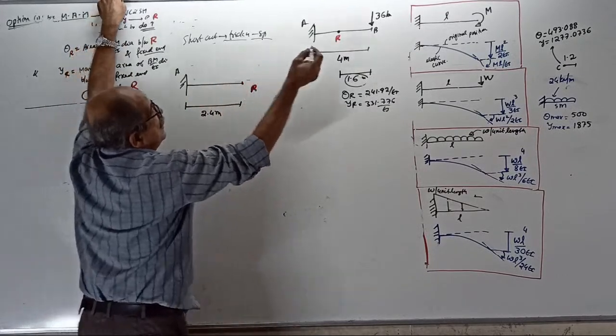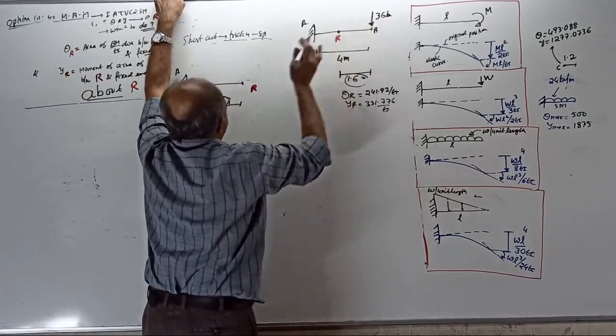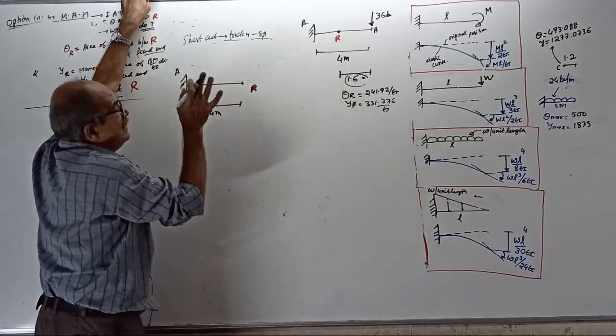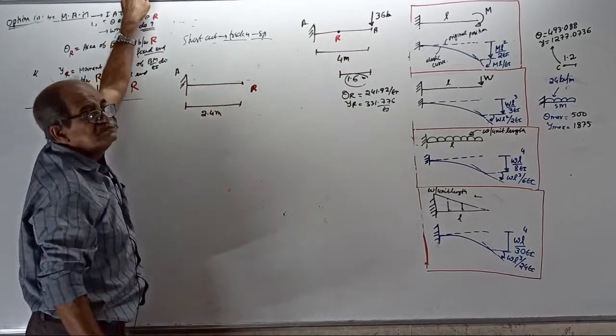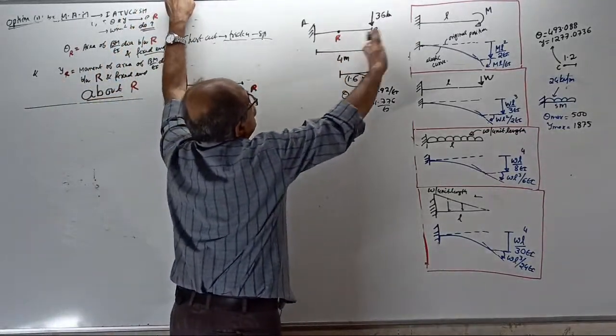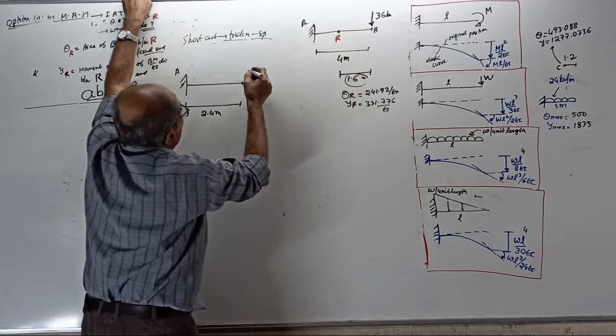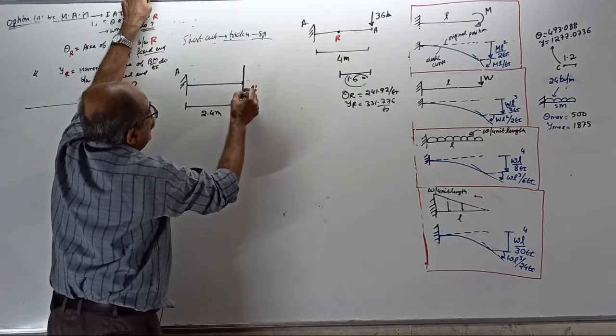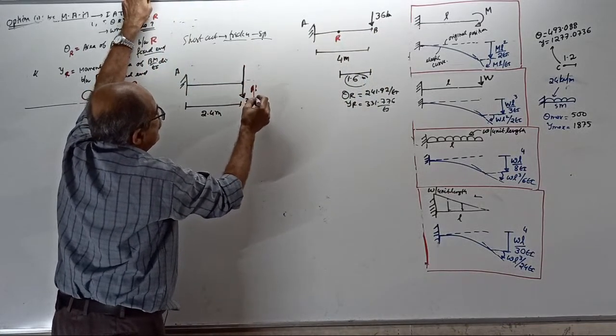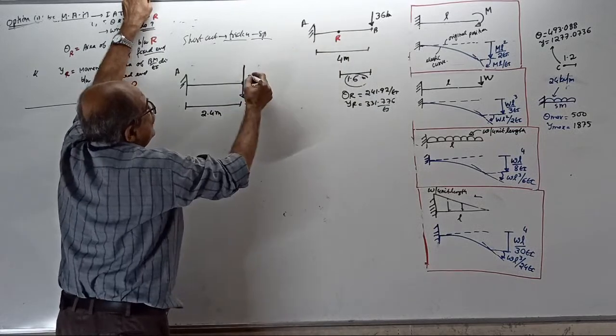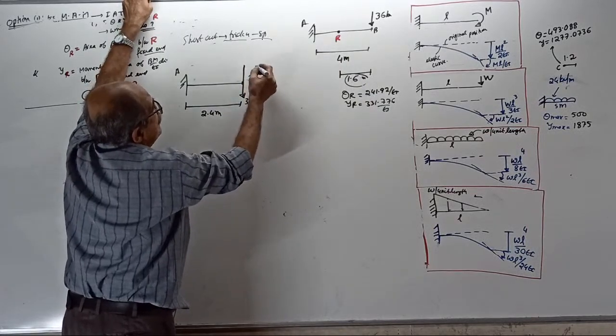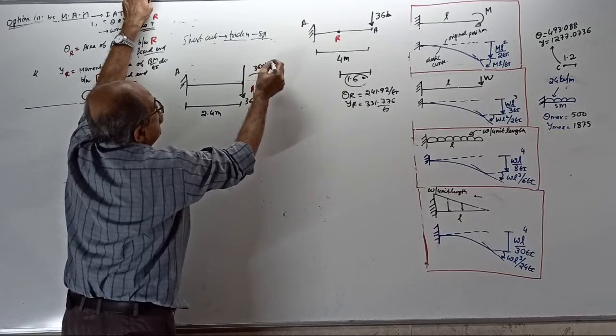Now, there is no loading here. Leave it. But when I remove that one, that 36 will be transferred here as a point load of 36 kilonewton, and it will create a clockwise couple of 36 into 1.6.